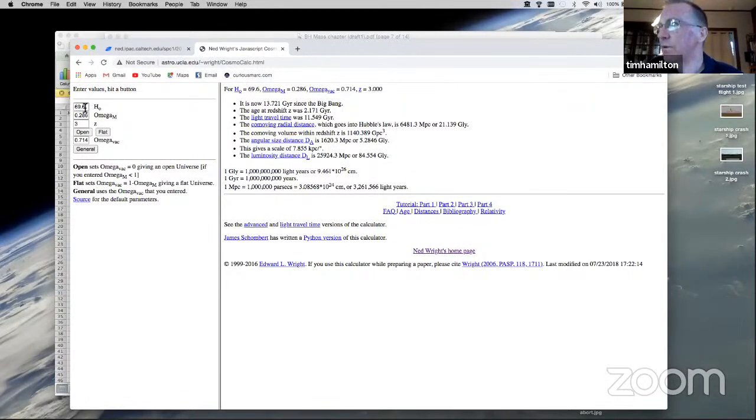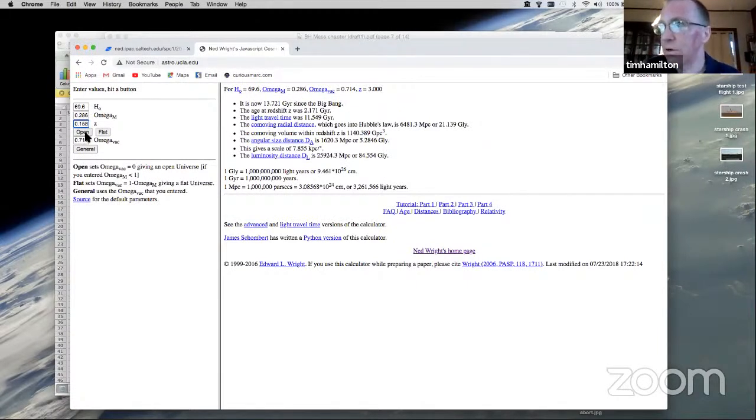So what we do is he's already got it by default with the current value of Hubble's constant, the density of matter in the universe, the density of the vacuum energy of the universe. This is all in cosmology. And then he's got just a redshift. So you put in your own redshift, 0.158. We looked that up, remember.